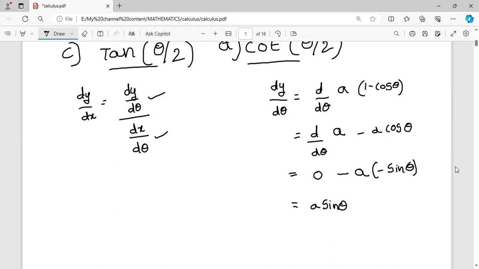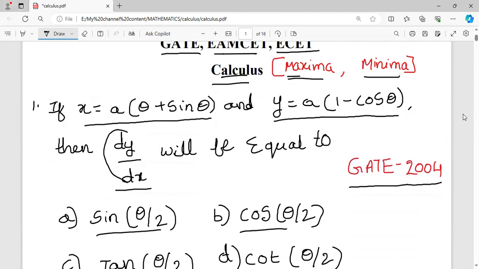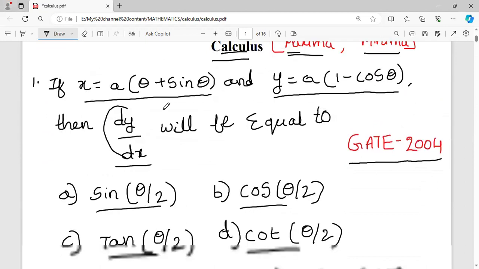Next, coming to dx by d theta. d by d theta of x. What is x here? X is clearly a into theta plus sin theta.